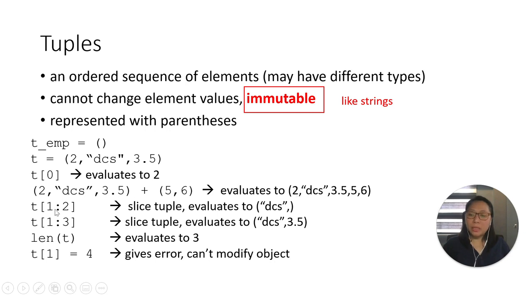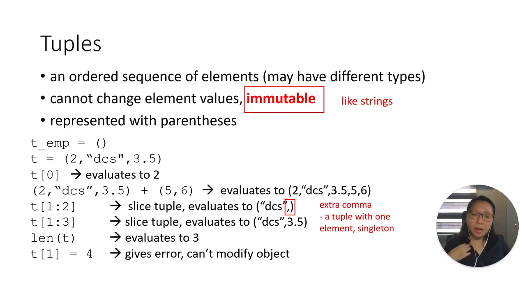We can also slice a tuple. If we want to get a subset of the tuple, in this example, we start with index 1, up to 2 minus 1. So that's just one element, and it's this one. Take note of the comma here.